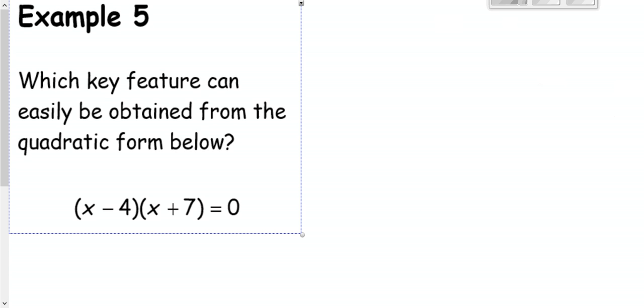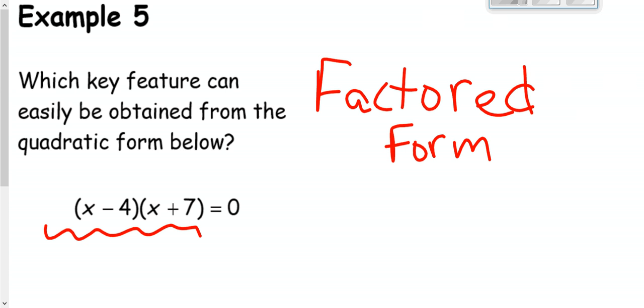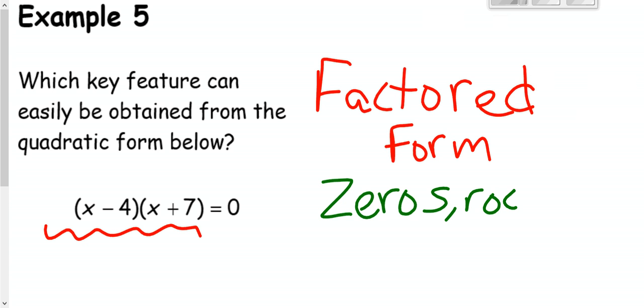If we look at example 5, we haven't dealt with this form in a little while, but if you think back to when we were factoring, this has already been factored for you. We call this factored form. And if you think back to when we were factoring to solve quadratics, what key features could we get from these two sets of parentheses? We can find the zeros, or the roots, or solutions, or x-intercepts.